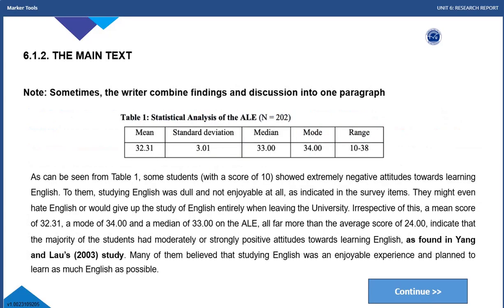As I said before also, sometimes the writer will combine findings and discussion into one. So sometimes you cannot see a separate findings chapter or discussion chapter, but they will merge into one chapter called findings and discussion.